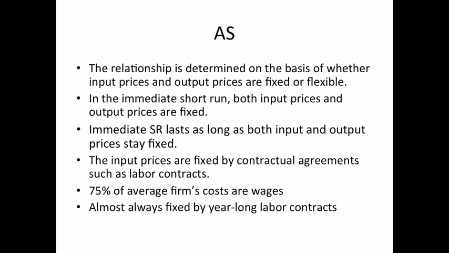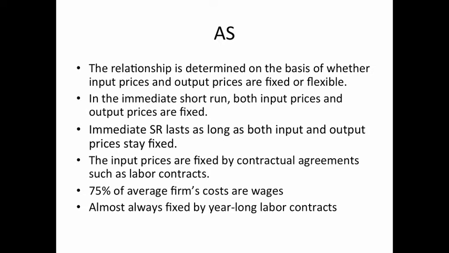It could be raw materials or labor, for example. The price of labor is wages. Output prices are just the prices of the goods that the company produces. So what assumptions do we make about whether these prices are fixed or flexible? Well, as we'll see, that changes over time.